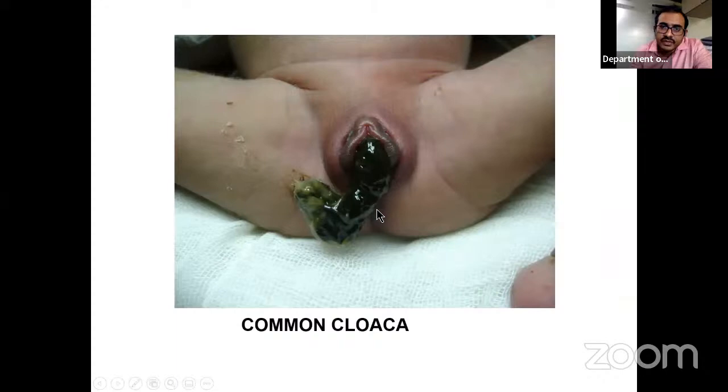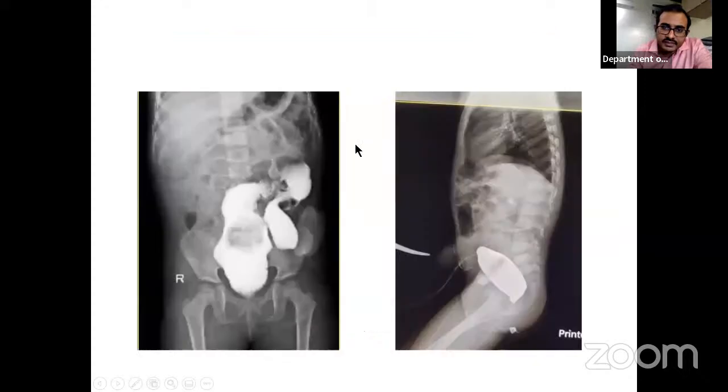So this is the fistula from inside during surgery. So this is a common cloaca. You can see there is a single opening, no anal opening, and this meconium is coming right from this vestibular opening. And you can see the genitalia are smaller as compared to normal female genitalia in the neonatal period.